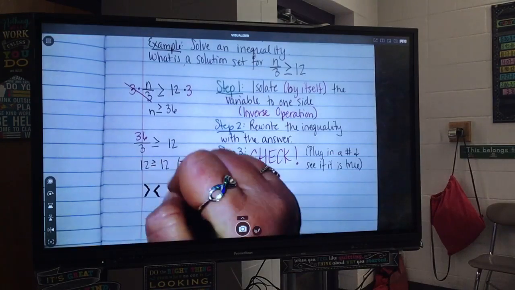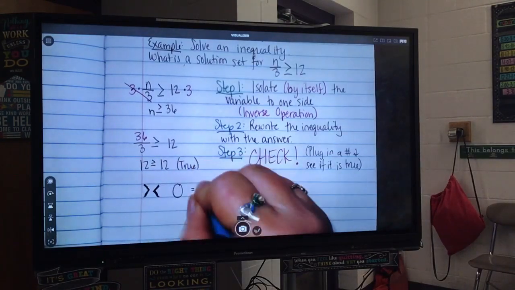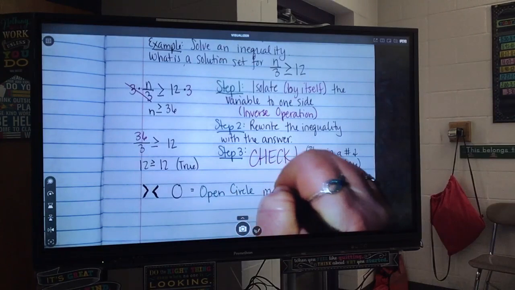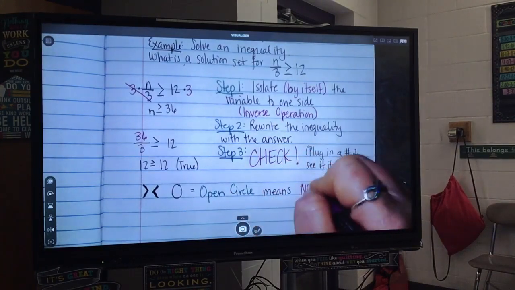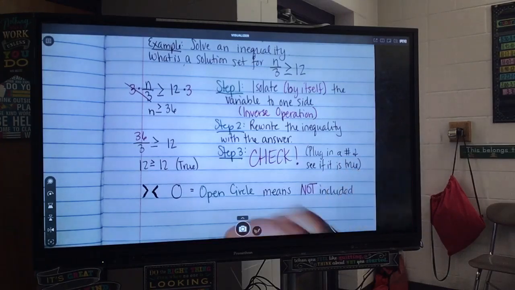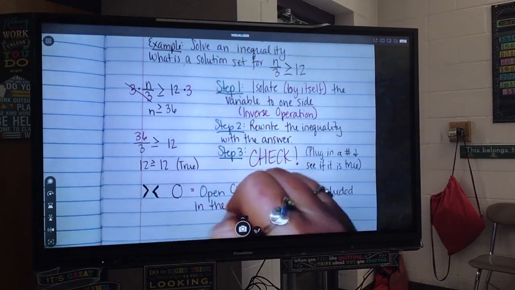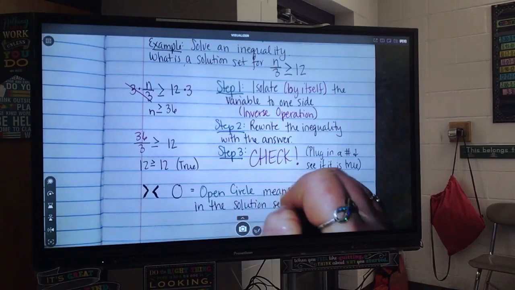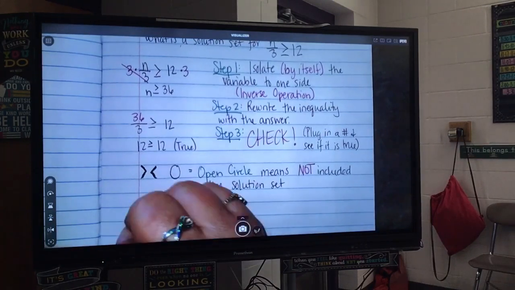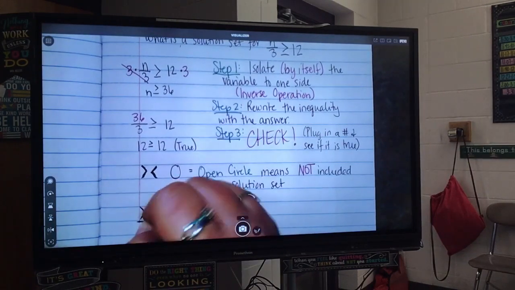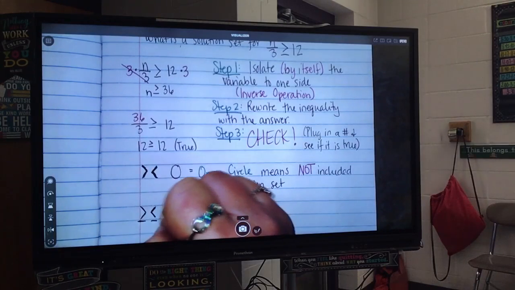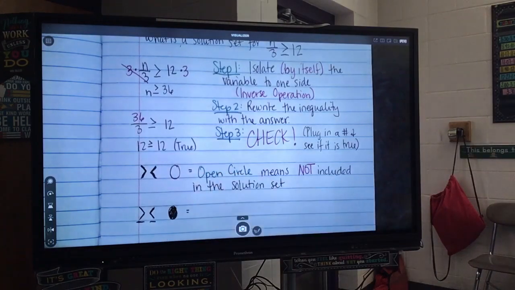Alright, so an open circle means not included in the solution set. And then a closed circle.